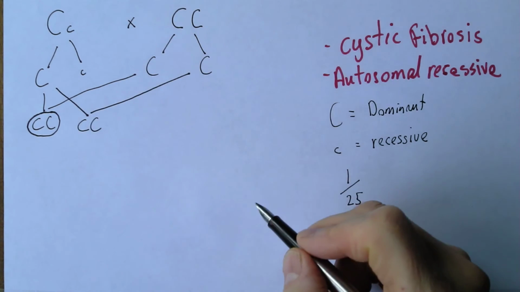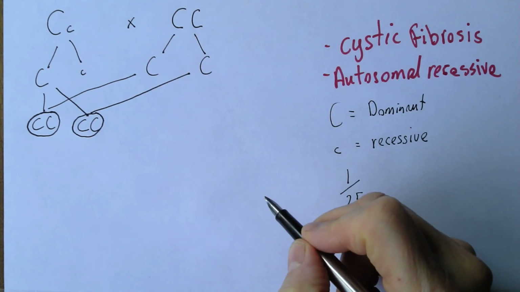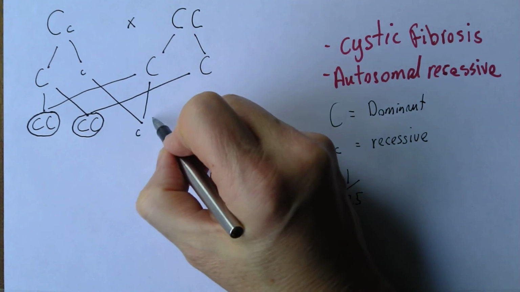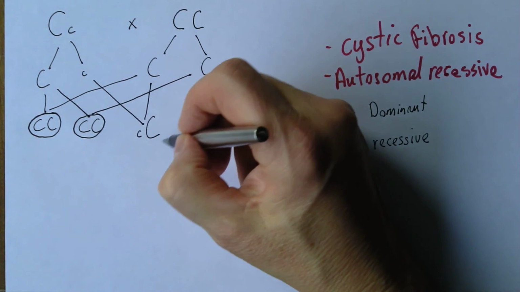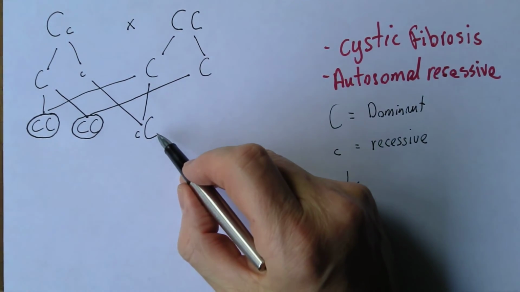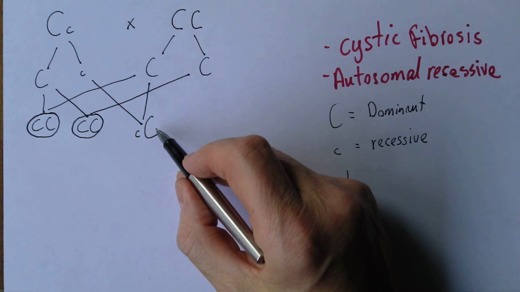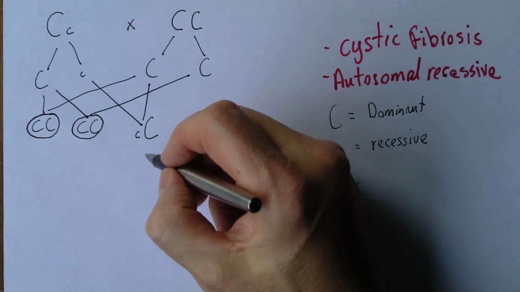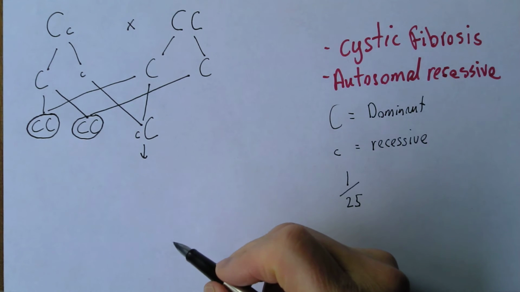So again, good news. Phenotypically, genotypically normal. But here, the small c could combine with the big C, and again that would give us someone who is genotypically heterozygous, but fortunately, because they have one copy of the normal dominant gene, they will be phenotypically normal, so that's fine. They'd probably never know. But of course, they could potentially pass that on to the next generation.